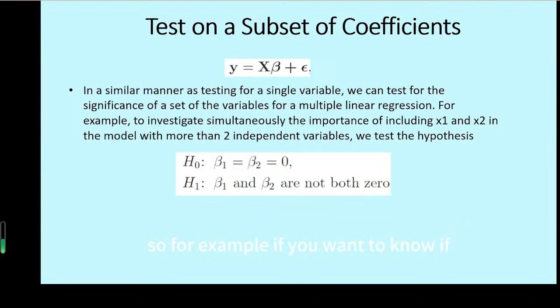For example, if you want to know if including both variable x1 and x2 in the model is significant, then we can test the null hypothesis H0: both beta 1 and beta 2 equal 0 simultaneously. And the alternative hypothesis is beta 1 and beta 2 are not both 0, which means at least one of them is not equal to 0.